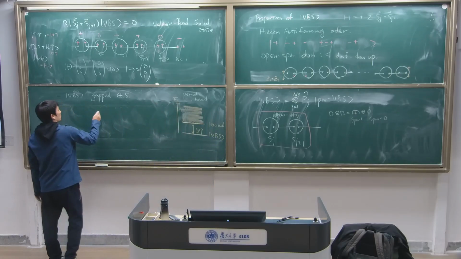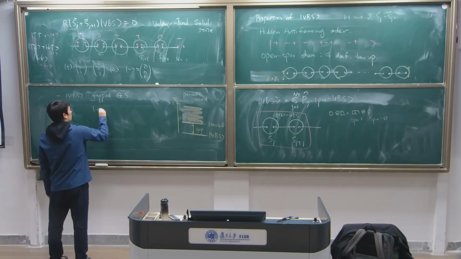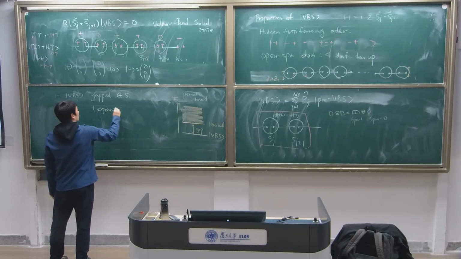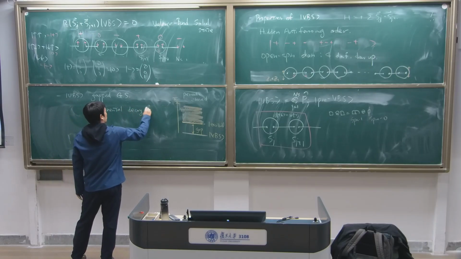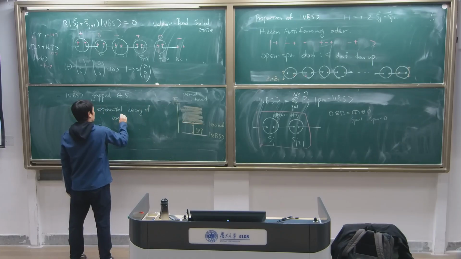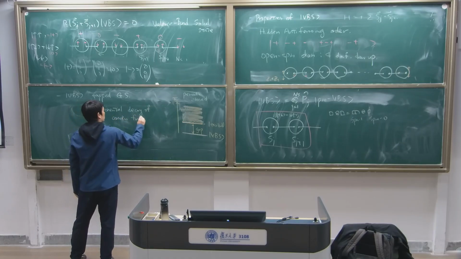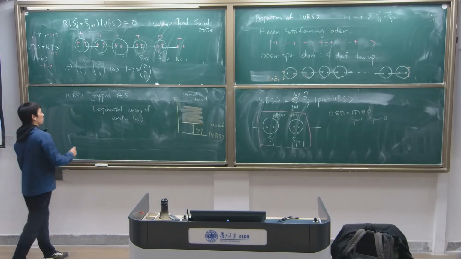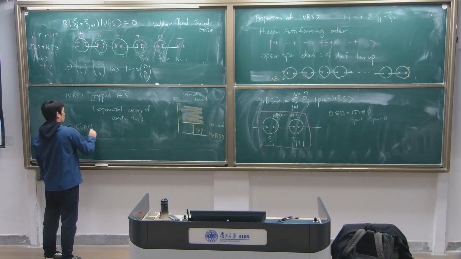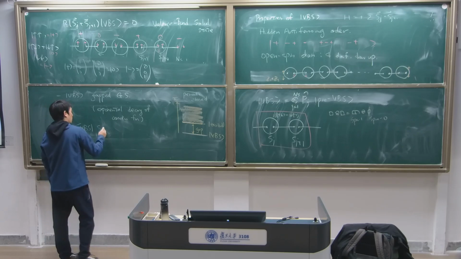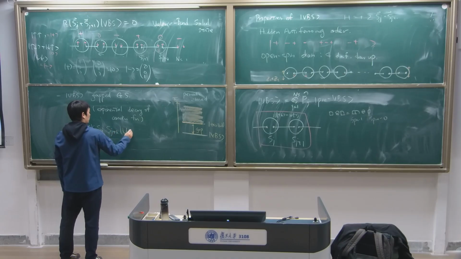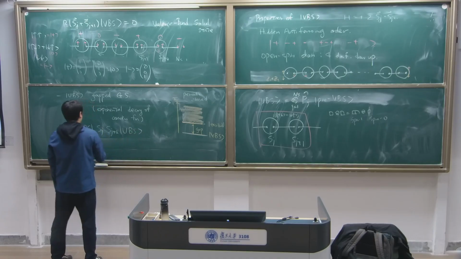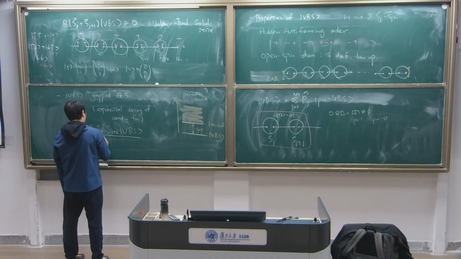So we are going to show this by showing the exponential decay of the correlation function. In particular, we'll compute this correlation between sites j and l, normalized by the inner product.